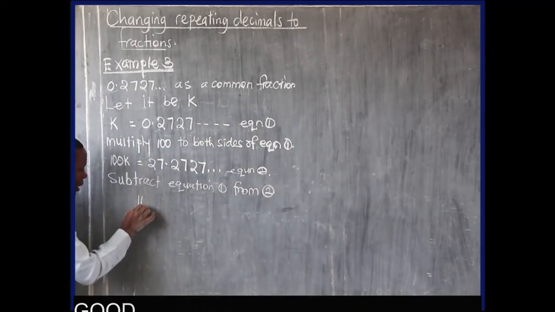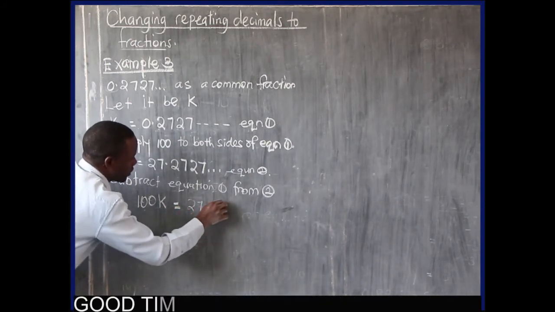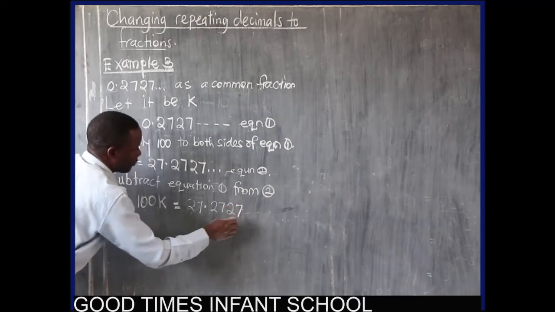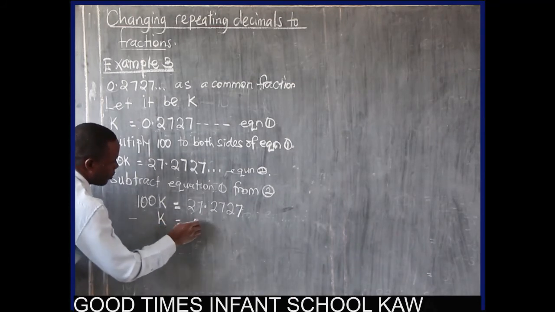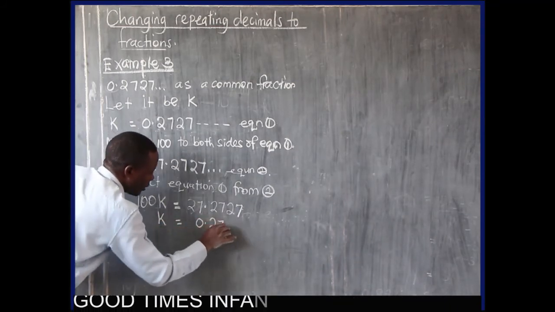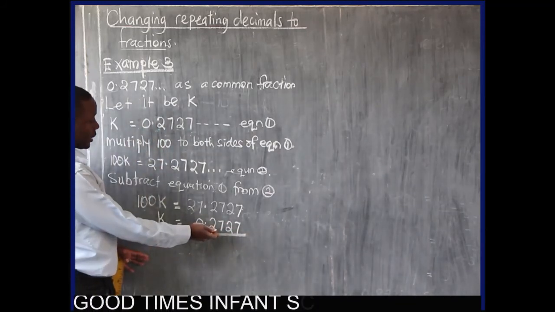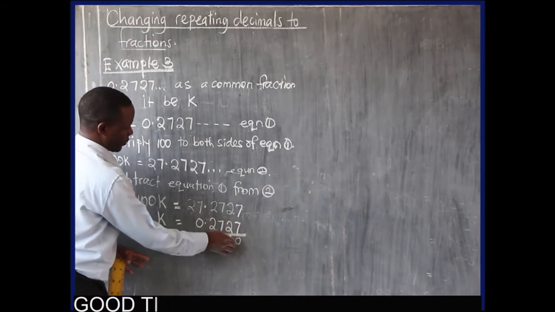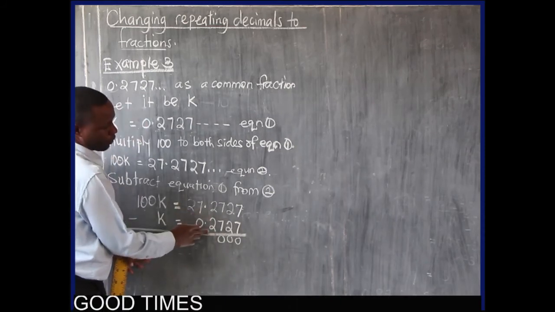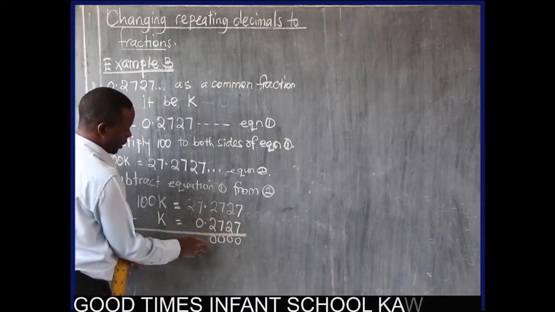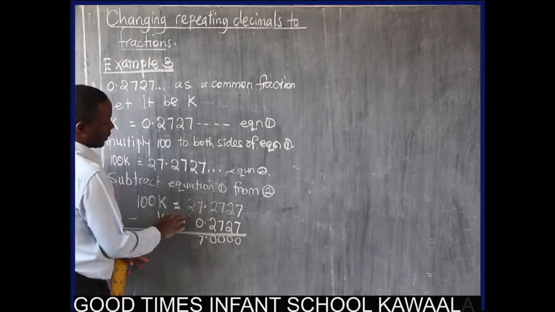So this one will give us 100k, giving us 27.2727. Now we are subtracting there, k equals 0.2727. So we subtract this side along: 0, 0, 2 minus 2, 0, decimal point, 7 take away 7, 0, then 27.